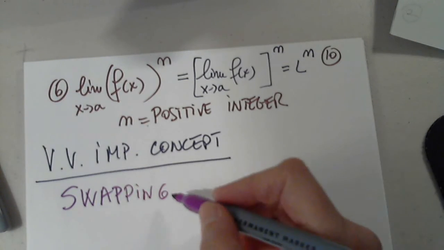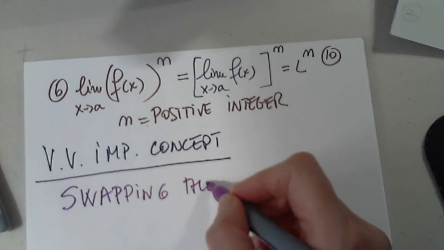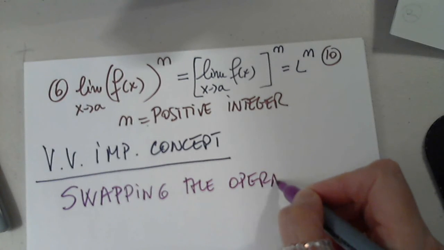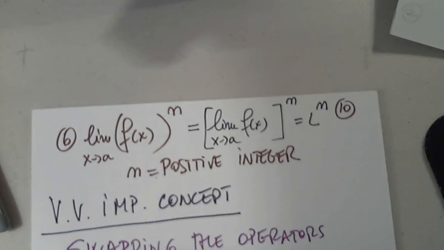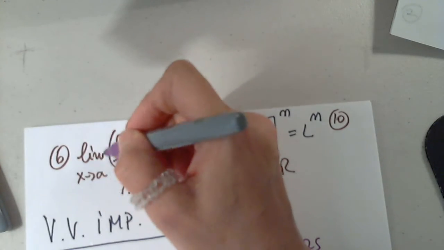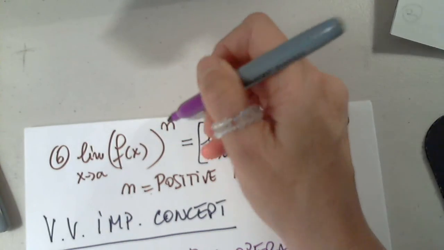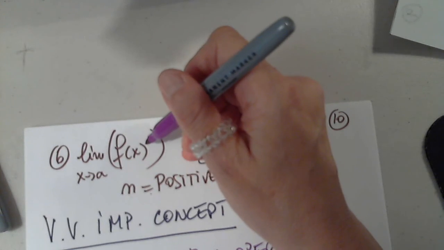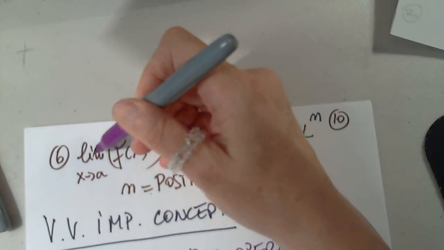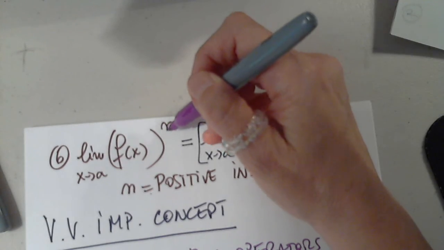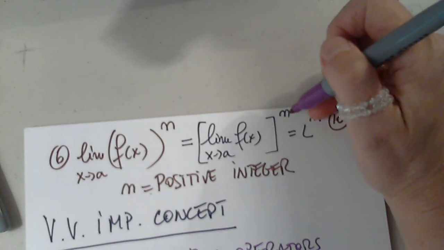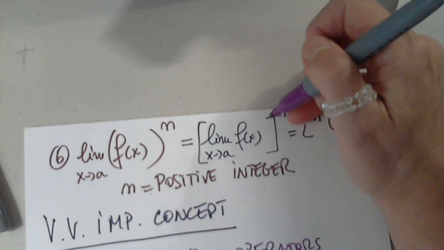I swapped the operators. This operator was outside, and this operator was inside, touching the function. Now, the limit operator is touching the function, and the operator that initially touched the function is outside. So I swapped their order.